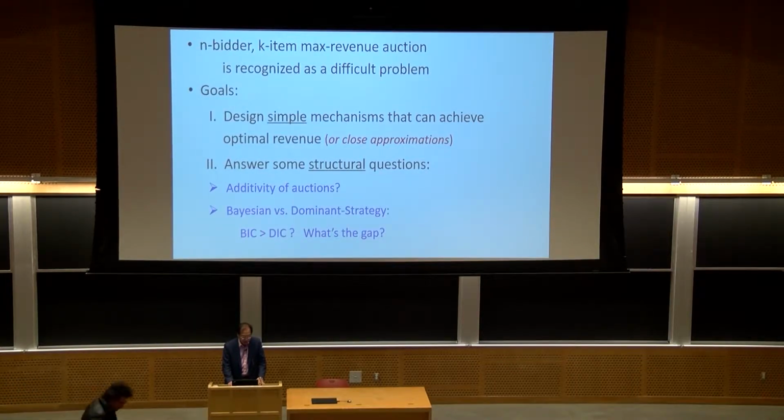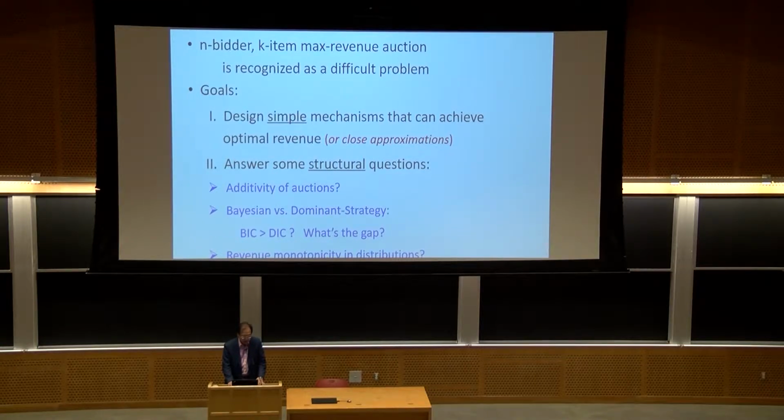And also the question of what kind of equilibrium concept you use. For example, the two most common ones used are called the dominant strategy equilibrium or the Bayesian equilibrium. So the question is, does it make any difference if you have a different concept of incentive compatibility?